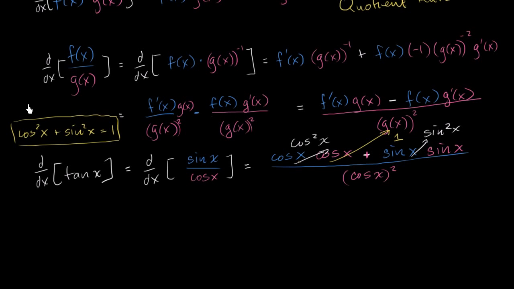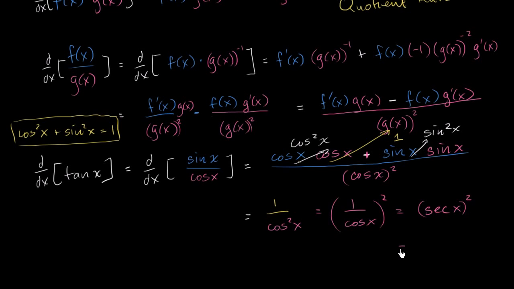So this nicely simplifies to 1 over cosine of x squared, which we could also write like this, cosine squared of x. These are two ways of writing cosine of x squared, which is the same exact thing as 1 over cosine of x squared, which is the same thing as secant. 1 over cosine of x is just secant of x.